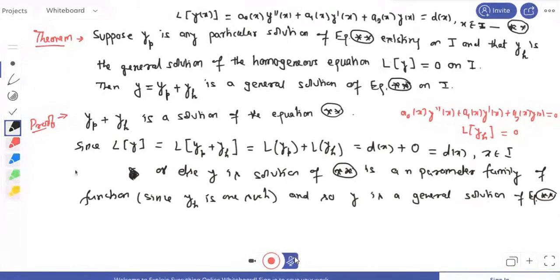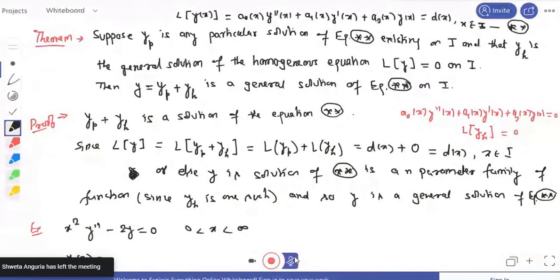Okay, let us try to see this in a problem. Suppose we write x square y double prime minus 2y equals 0, where x belongs to R plus. In this differential equation, if we try to solve for the homogeneous solution, there are two solutions due to this second order differential equation.